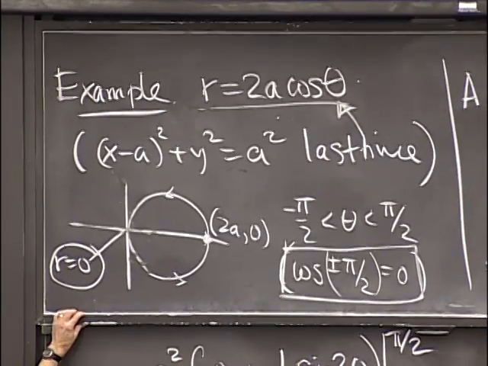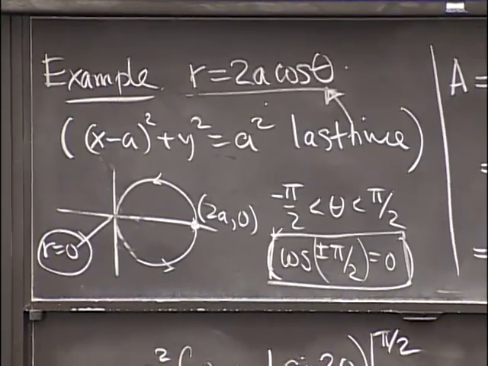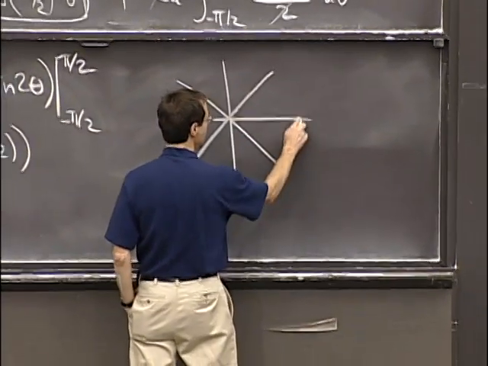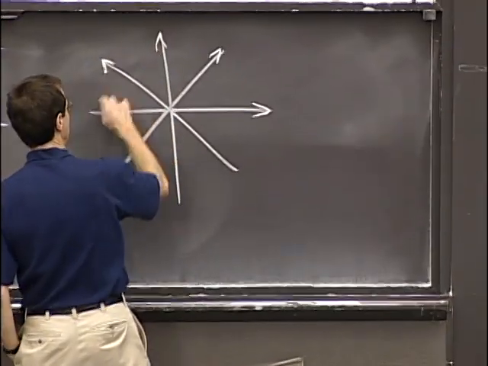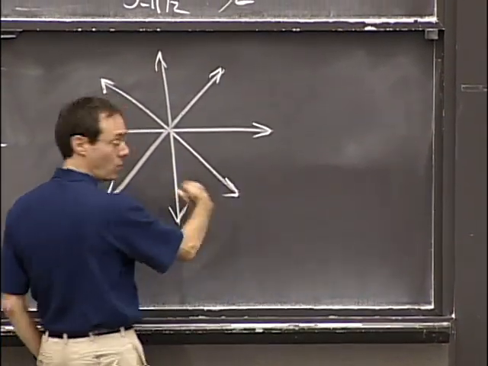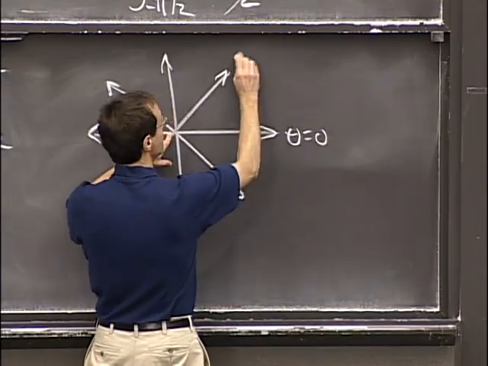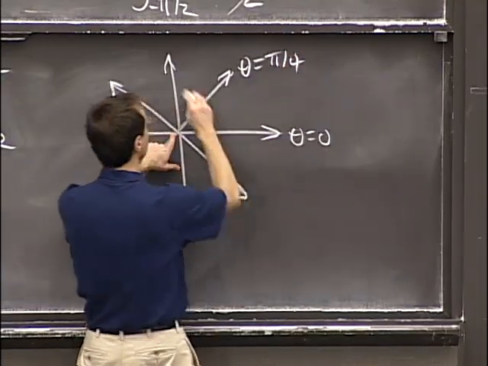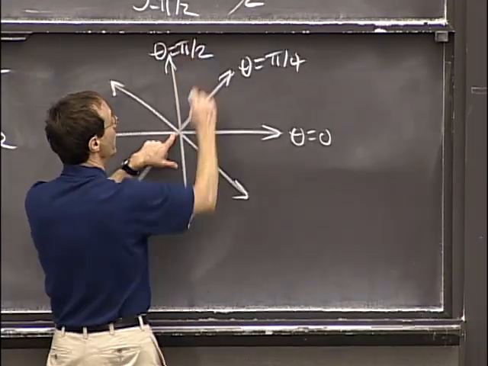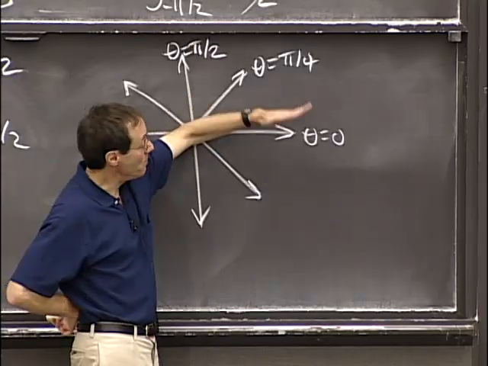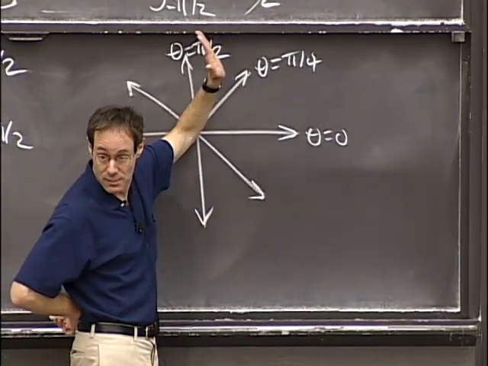And if you like, when you're doing this, it's a little bit like a radar screen. Everything is centered at the origin, and you're taking rays coming out from it and seeing where they're going to go. All right? So for example, this is the theta equals 0 ray. This is the theta equals pi over 4 ray. This is the theta equals pi over 2 ray. And indeed, if my elbow is right at this center here, I'm pointing in those various directions. All right?